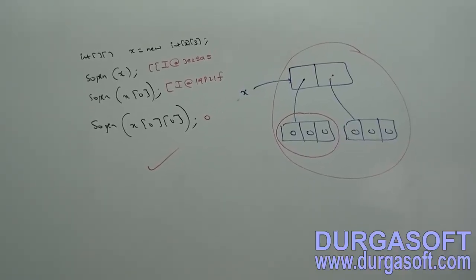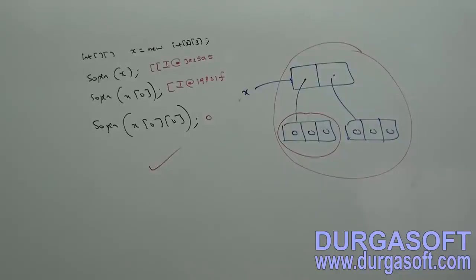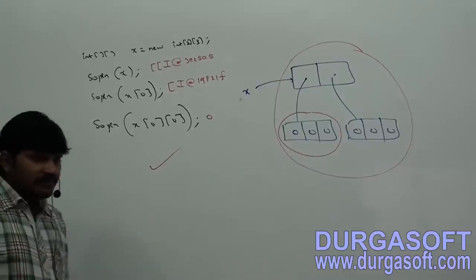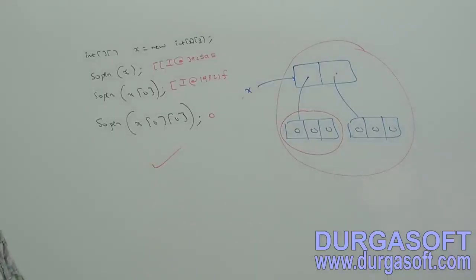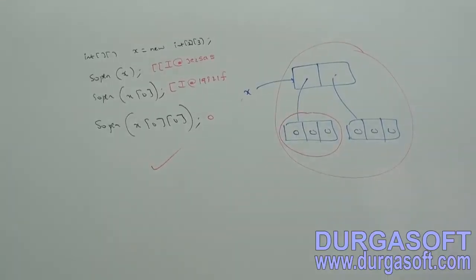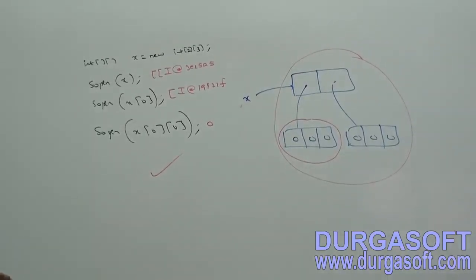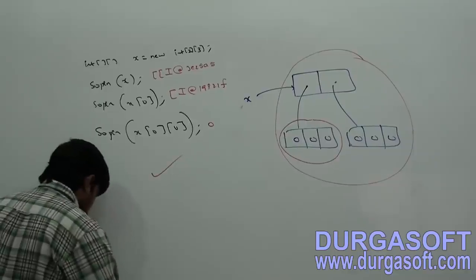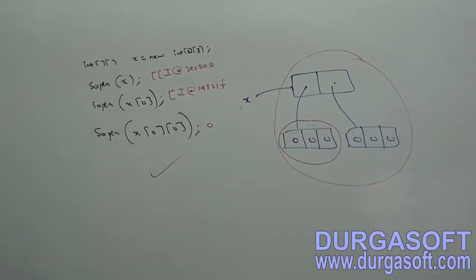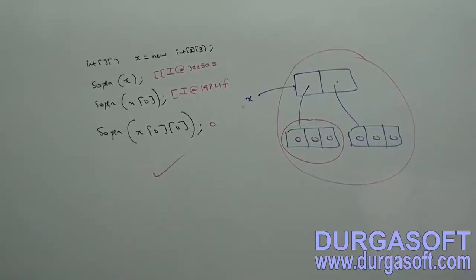So x is a 2-dimensional array reference, x of 0 is a 1-dimensional array reference, x of 0 0 is nothing but 0. Completed, I hope.